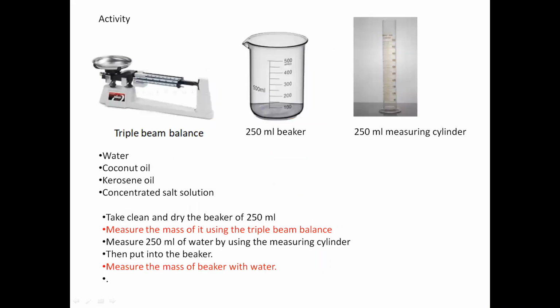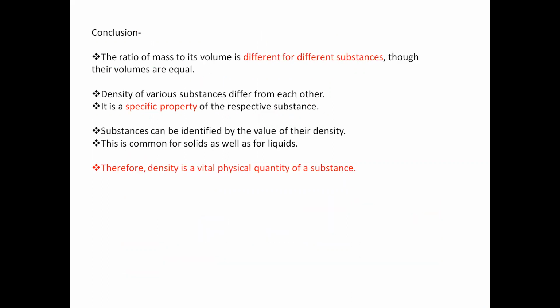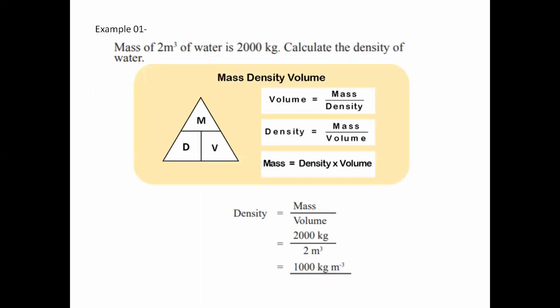And then we did an activity to find out the ratio between the mass and the volume. And we found that different ratios are there for different substances. So it's a specific property. Density is the specific property of respective substances. So density is the vital physical property or quantity of a substance.